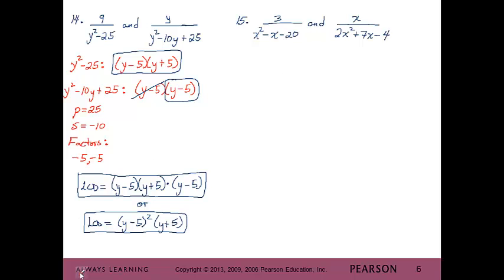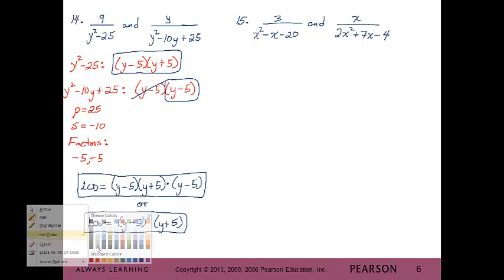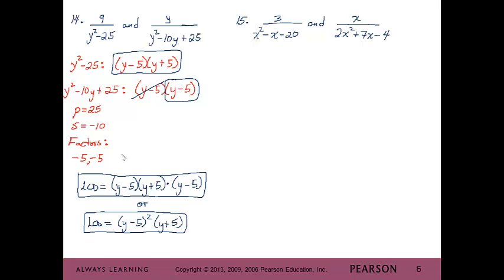So let's start by writing the factors of each denominator. So we have x squared minus x minus 20. And we have 2x squared plus 7x minus 4.